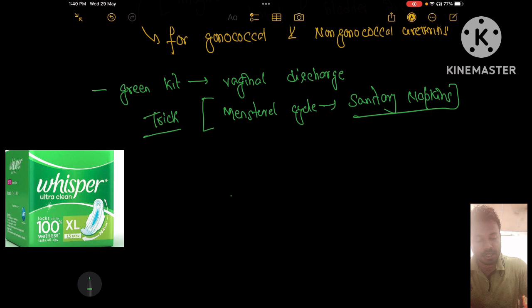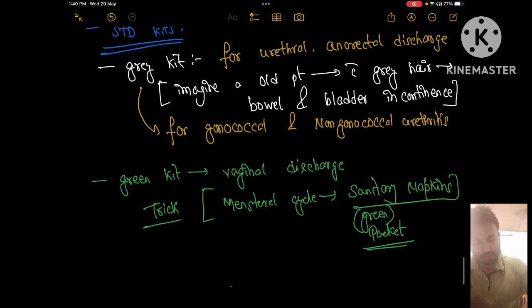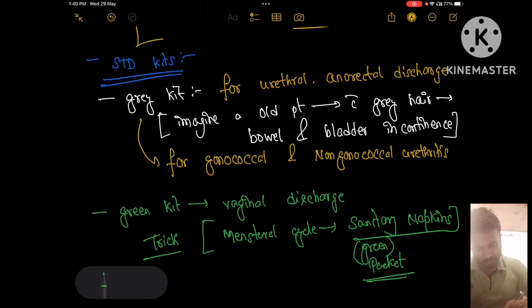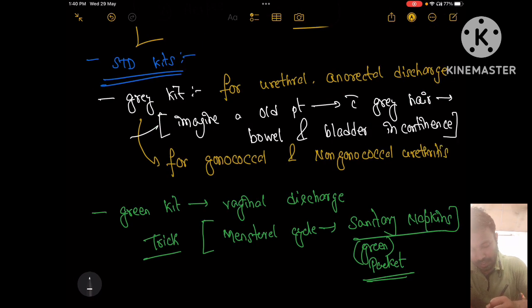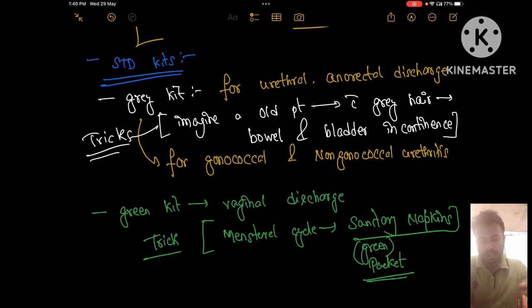It is a green packet. So the grey kit trick is to imagine an old patient with grey hair and bowel and bladder incontinence, so it is used for urethral and anorectal discharge. And the green kit is used for vaginal discharge.